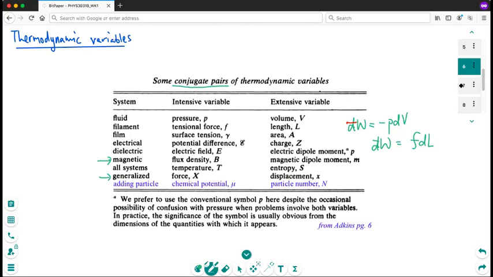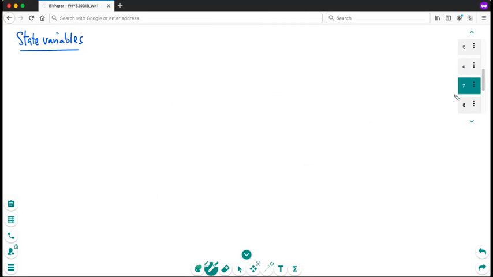And the second one, which is equally important, is something which we call the state variable. There are many names for this. Some books use the word function of state, or state function.